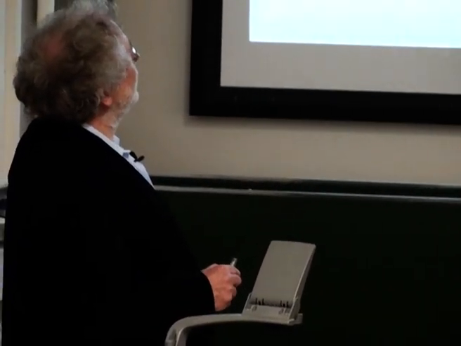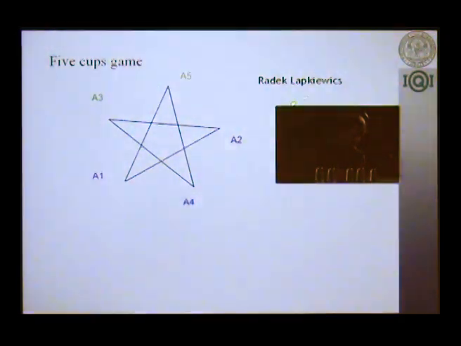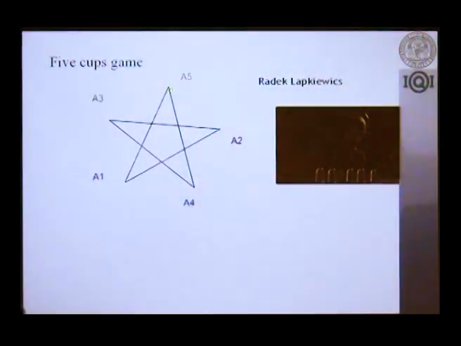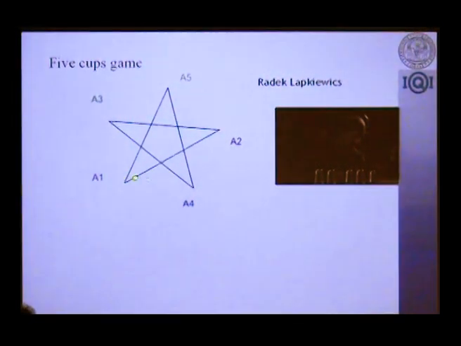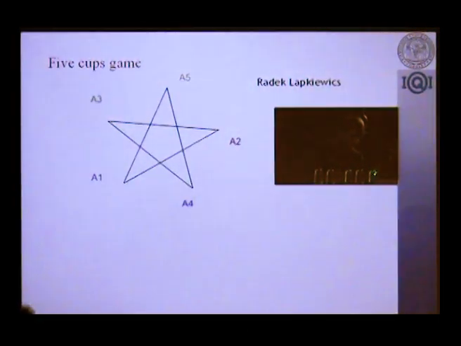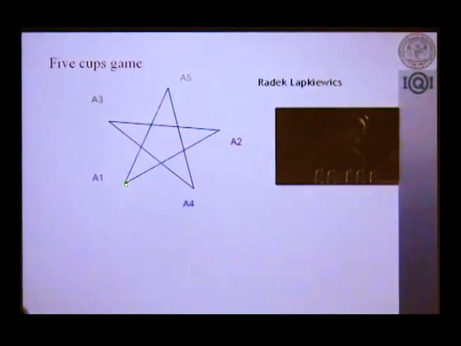So consider the following game. This was invented by Radek Lapkiewicz, who did the experiment. Suppose you have these five locations, five places, which you can cover with cups, and you are allowed to put a ball under each of the cups or not.